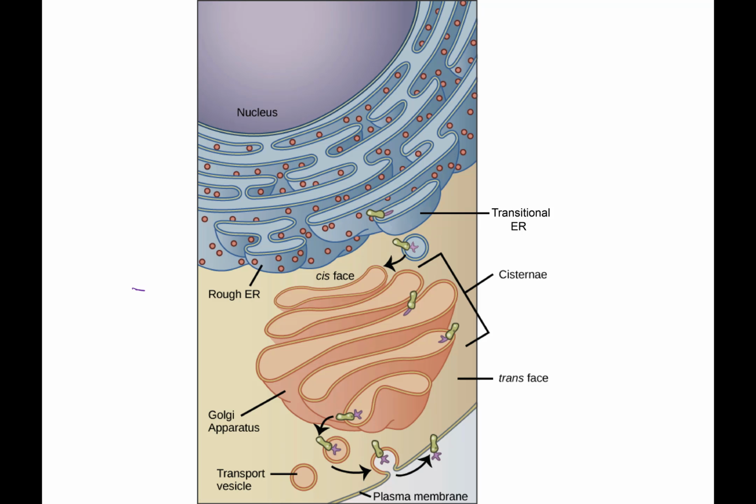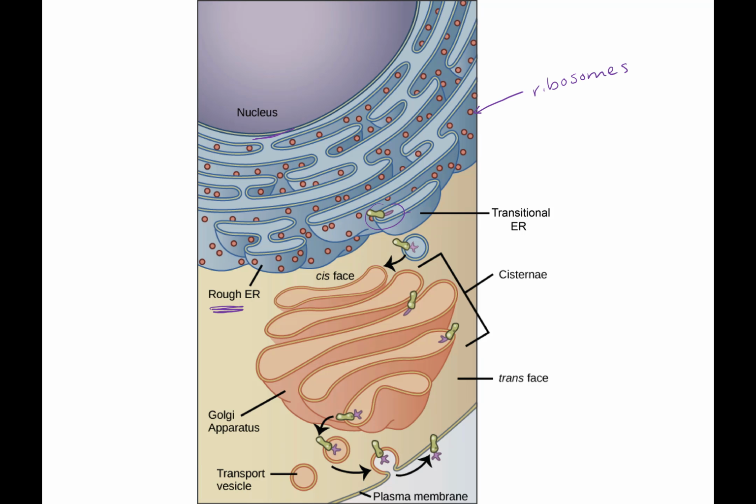Okay, just another image. I like this one because it's kind of close up. And so you can see the rough ER continuous with the nuclear envelope. It has the little dots that are called ribosomes.